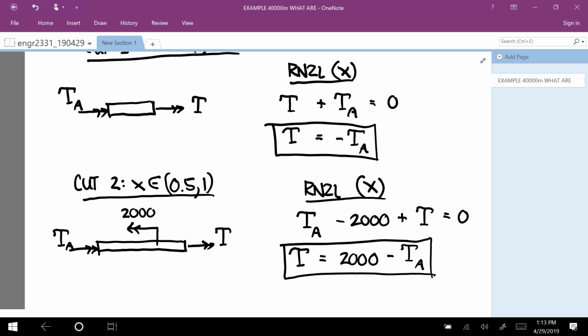And here we're calculating a function for the torque that's only relevant on the second half meter. And so what we're going to do is use these expressions for the internal torque along with the sum formula for the angle of twist to come up with an expression for the total angle of twist. And once we have that, we know that since it's fixed at both walls, the total angle of twist has to be 0. And so that'll give us our second equation and let us solve for the system.